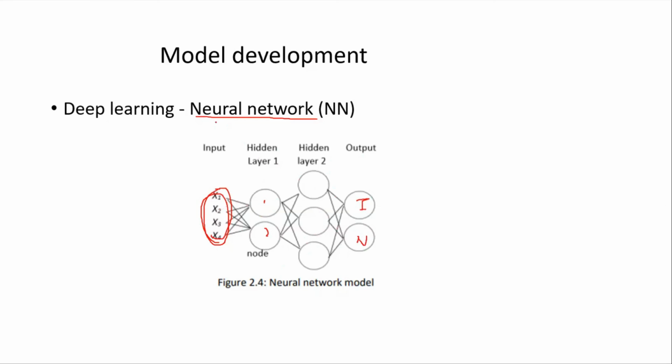Neural basically comes from the word neuron, brain neuron. So this is a brain neuron. We have 5 brain neurons here. In our brain, we have billions of neurons in our head connecting to each other.